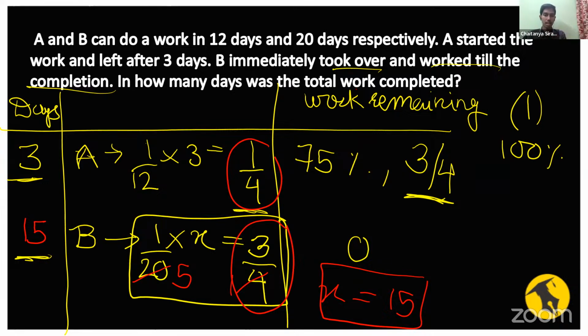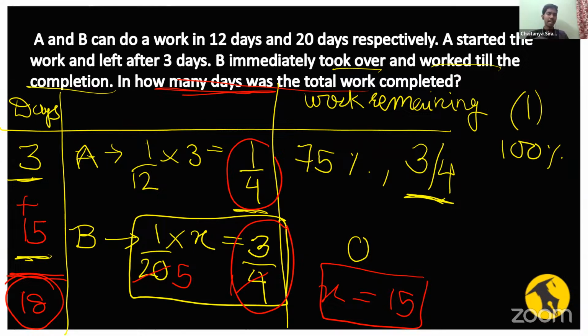Now the question asks me, in how many days was the total work completed? So the total work was completed in 3 plus 15, which is 18 days. All right. I hope the logic is clear. You can expect such questions in your exams.